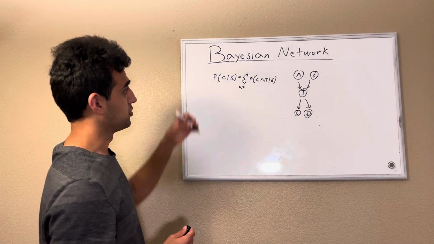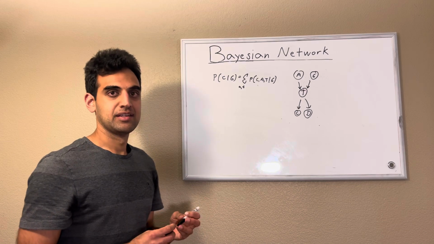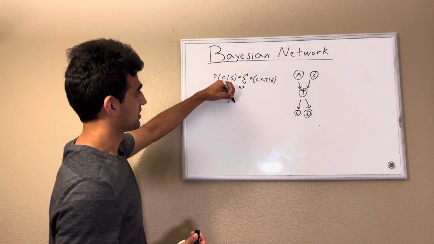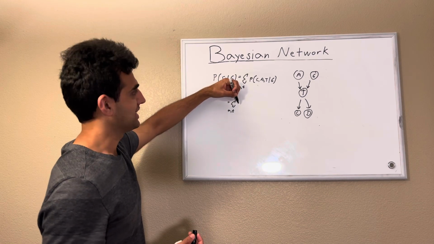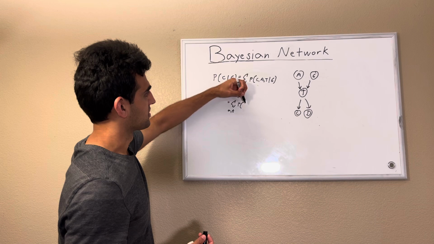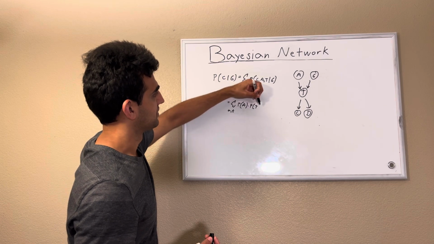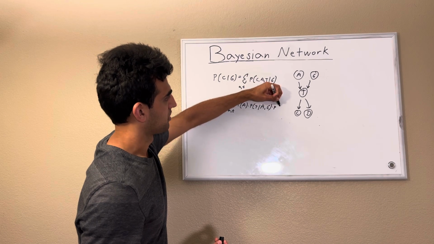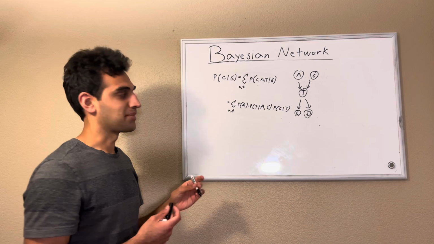Now here we can use both the product rule as well as conditional independence to expand this expression out. So this becomes the summation over A and T of the probability of A times the probability of T given A and G times the probability of C given T. We did two steps here.